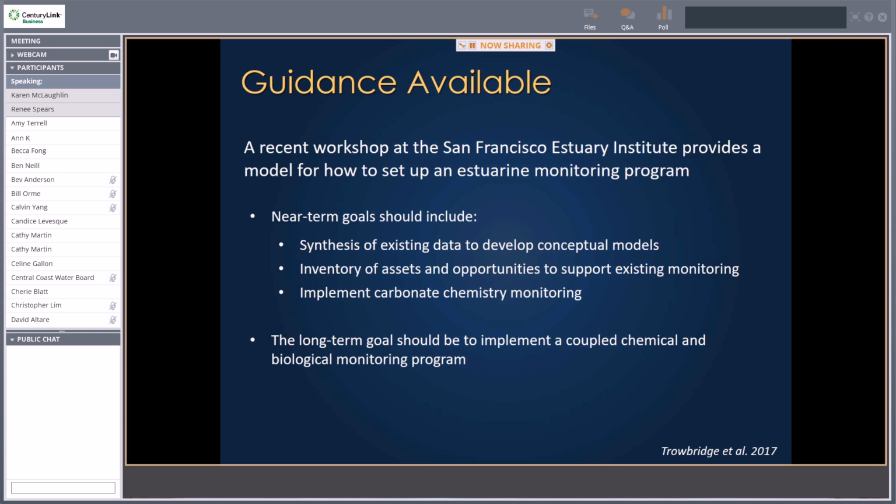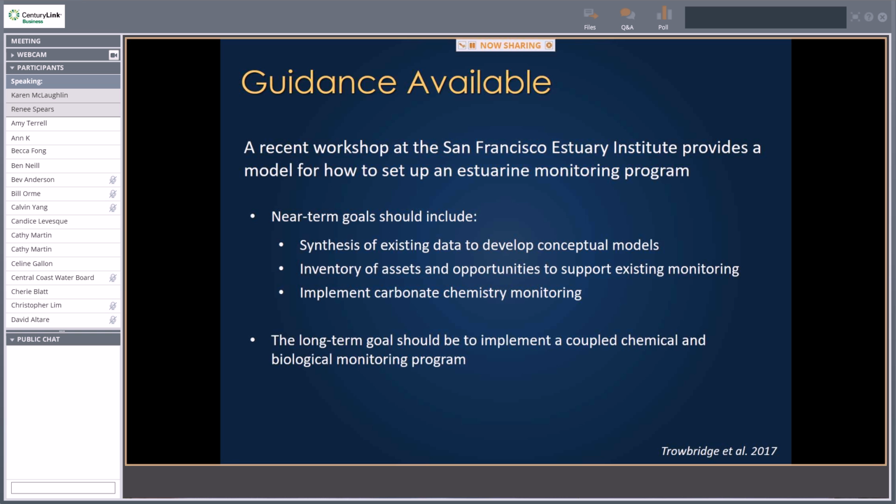In addition, there's some guidance that's been developed for estuary systems as well. The CCAN program can be applied to both estuaries and coasts, but the focus is mostly on the nearshore coastal ocean. A recent workshop at the San Francisco Estuary Institute provides a model for how to set up an estuary monitoring program. The approach is to divide your efforts into near-term and long-term goals.